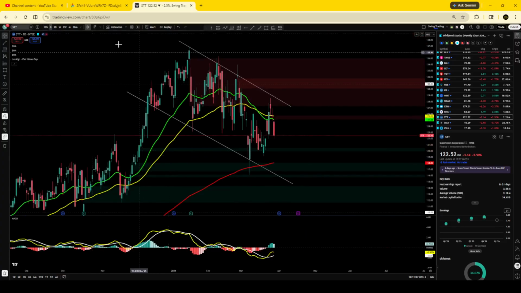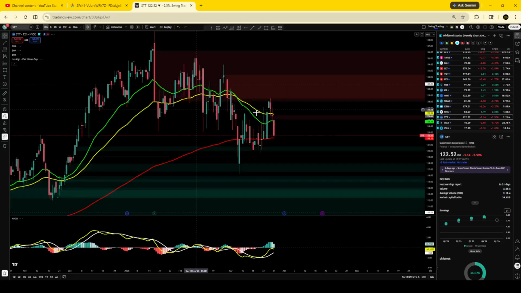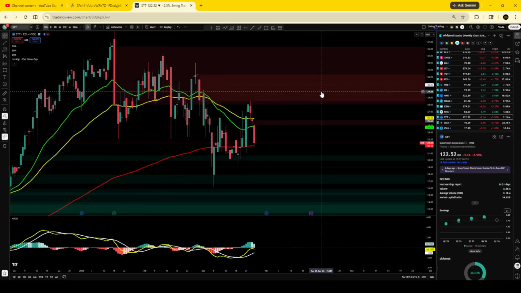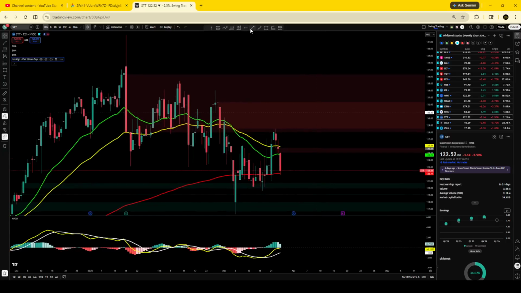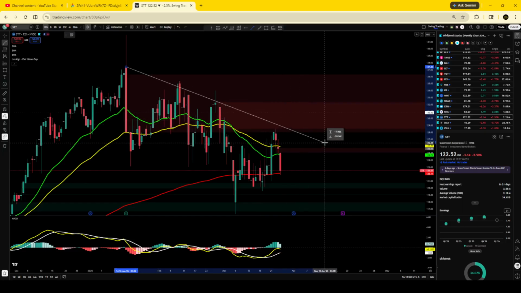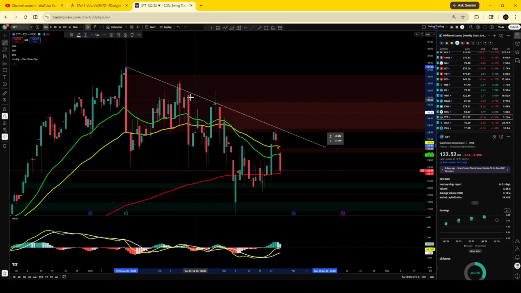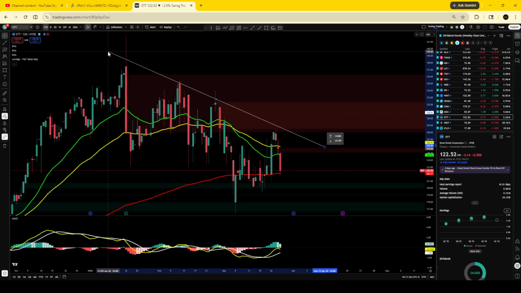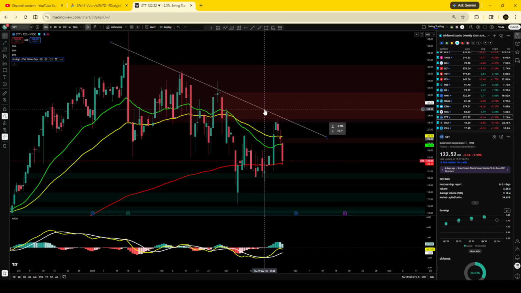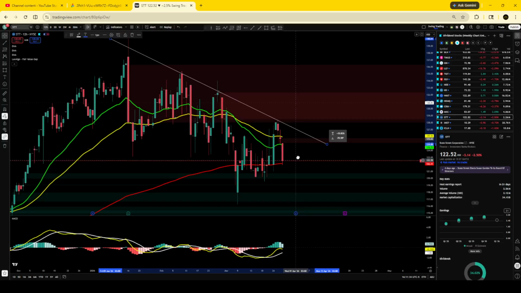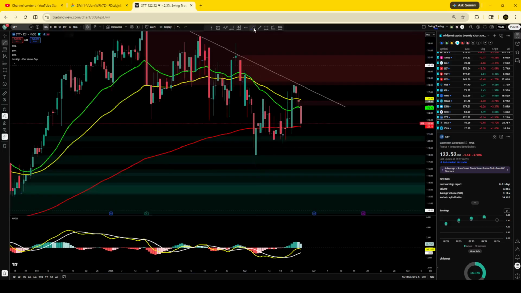All right, let's move on to the entry. So now, I don't like how this looks because there's not a lot of volume, so it looks weird. Yeah, it looks weird.